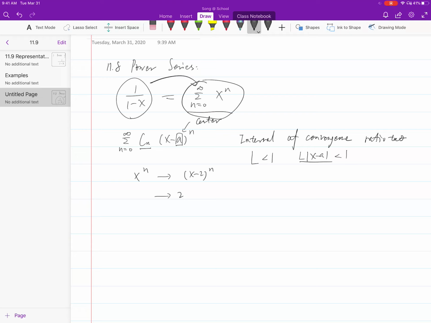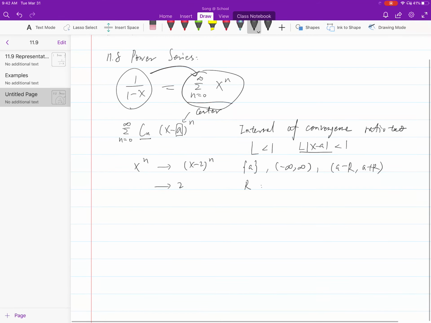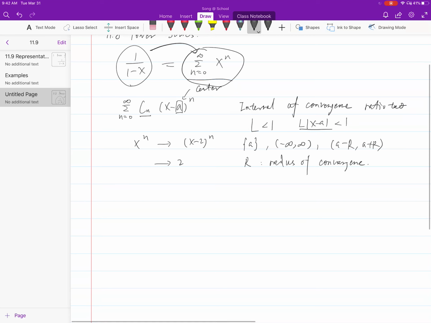Less than 1 to find where it's convergent. Therefore, our answer will always be an interval. It's either going to be a single point, or negative infinity to infinity, or it's going to be starting from a, go left by R, and go right by R, which is the interval centered at a. Then we say this R is called the radius of convergence.